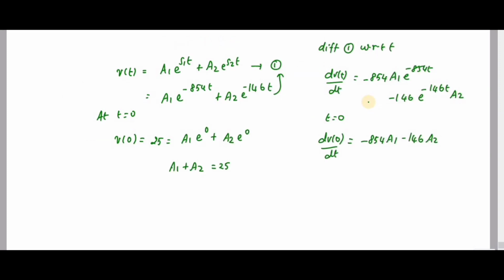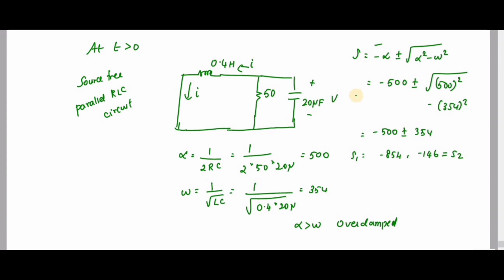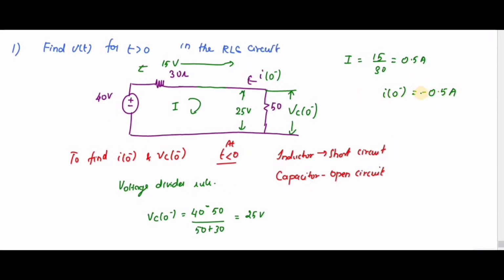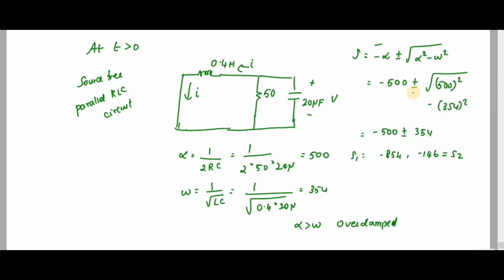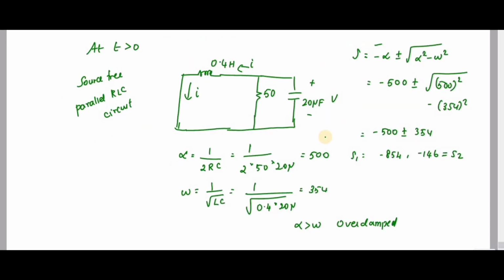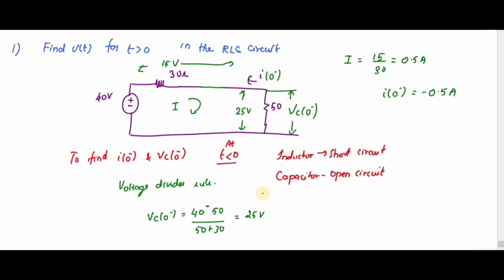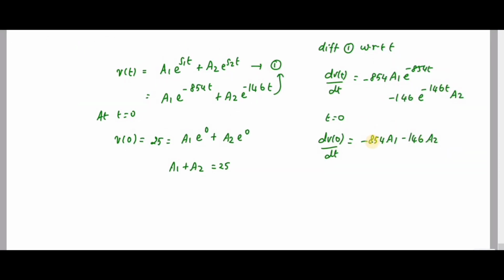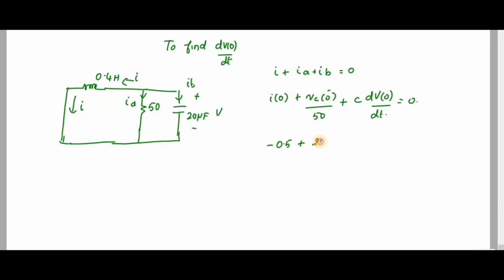So we already know the value of I of 0, that is minus 0.5, and VC of 0, that is 25. So we substitute the values. VC of 0 is equal to 25, 25 divided by 50. So you can see this is minus 0.5 and 25 divided by 50 is 1 by 2, that is 0.5.